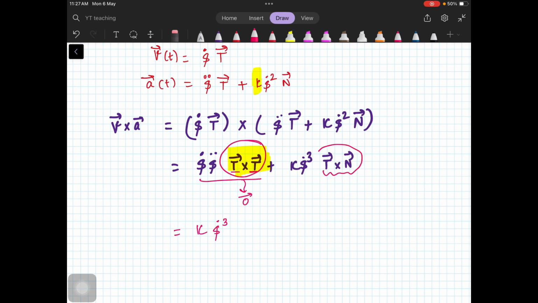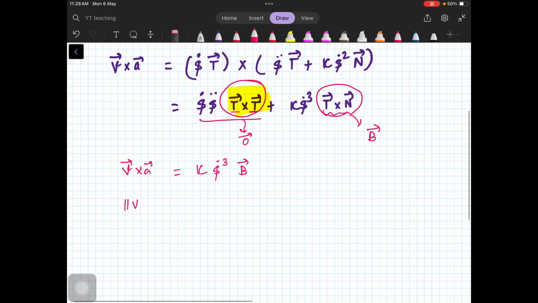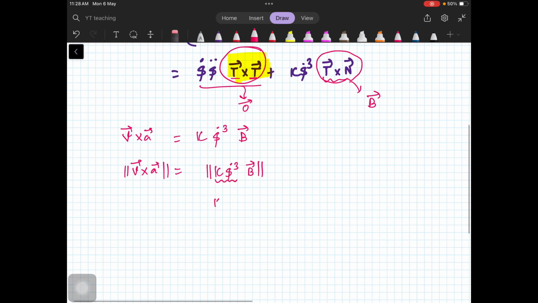Now can you tell me what is this vector here? T cross N is B vector, which is the binormal vector. So we get V cross A like this. Now if I take the modulus of V cross A on both sides, I'll get kappa s dot cube B vector. This being scalar will come out, and then I have the modulus of B vector, which is equal to the modulus of V cross A. Now what is the magnitude of B vector?